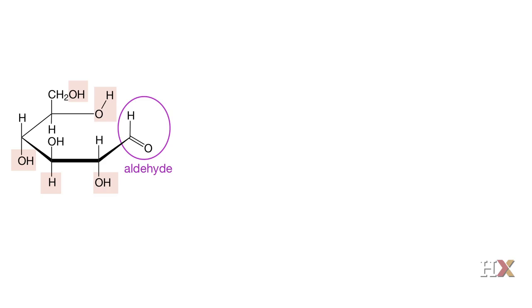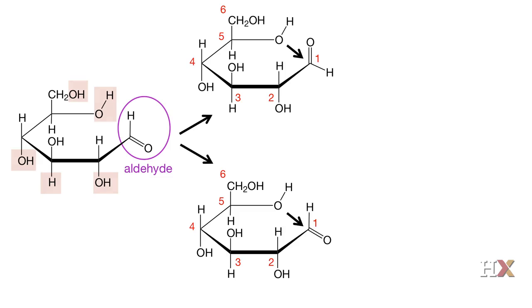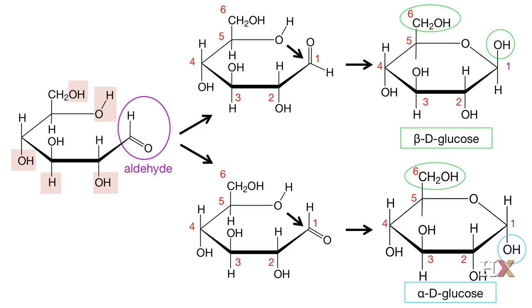And it can be formed in two different ways. The hydroxyl group on carbon 5 can attack the carbon 1 either from the front or from the back, leading to a new asymmetric carbon, a new chiral center, and as a consequence, two isomeric forms called alpha and beta.